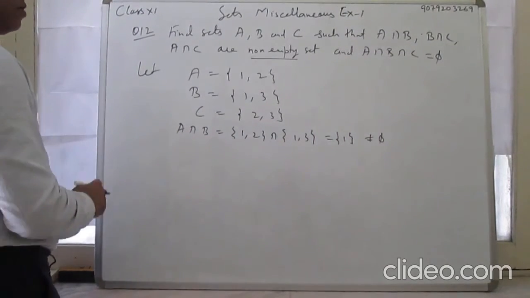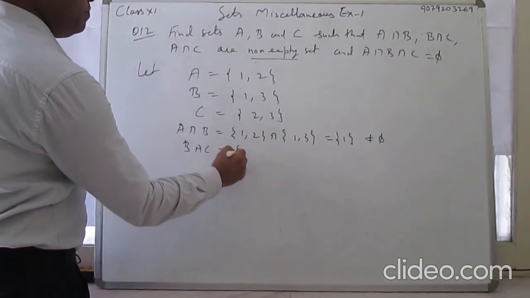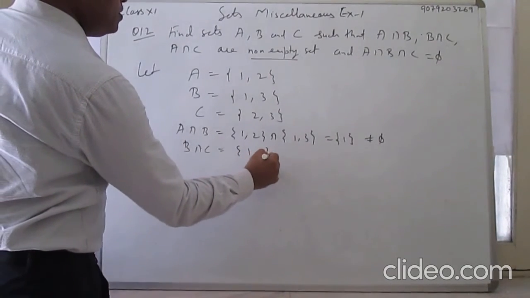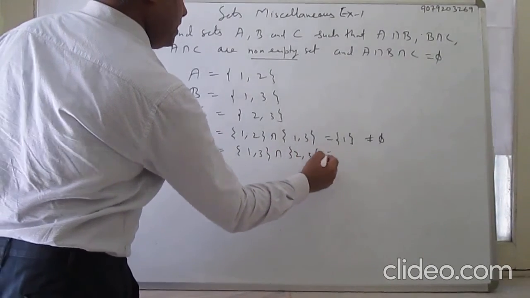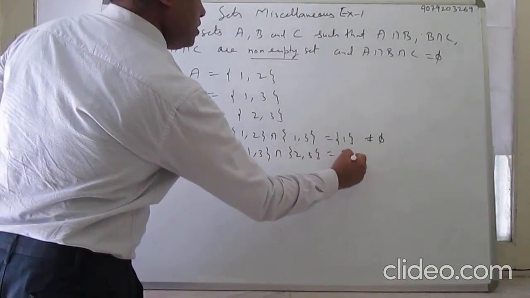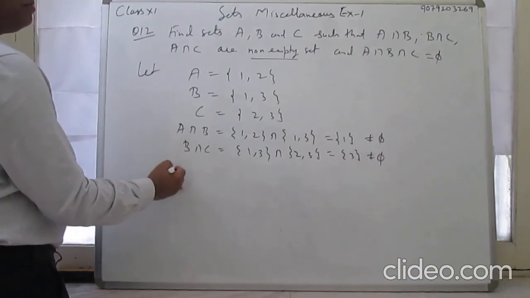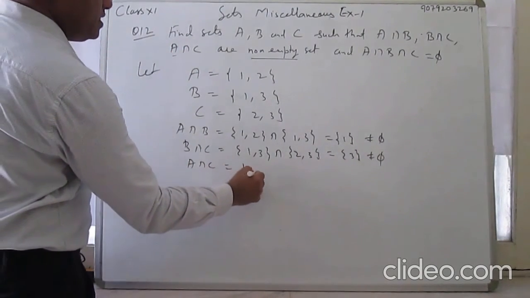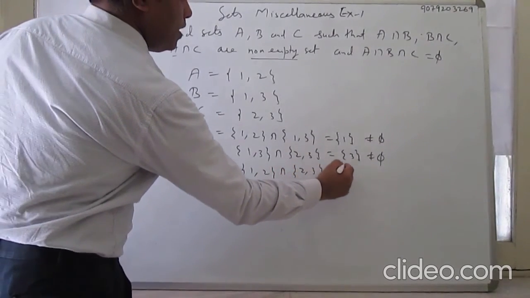It is not the null set, it is a non-empty set. B intersection C: B is {1, 3}, C is {2, 3}. It becomes {3}, not equal to the null set. Now A intersection C: A is {1, 2}, C is {2, 3}. So it is {2}.